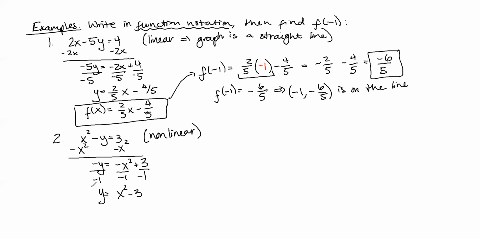Now, we've solved for y, so we want to replace y with f of x. So we get f of x equals x squared minus 3. This is our function notation.